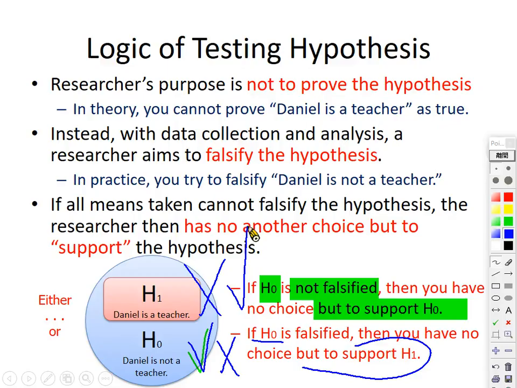Because I cannot reject the alternate hypothesis, I have no choice but to accept the null hypothesis. Because I have to reject the null hypothesis, I have no way but to accept the research hypothesis, H1.